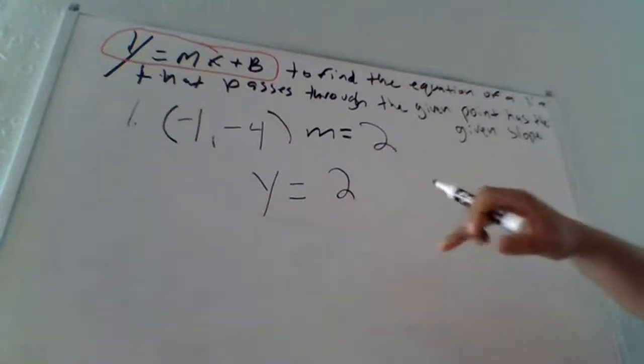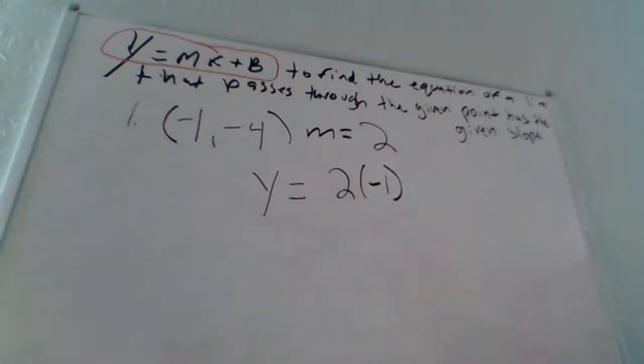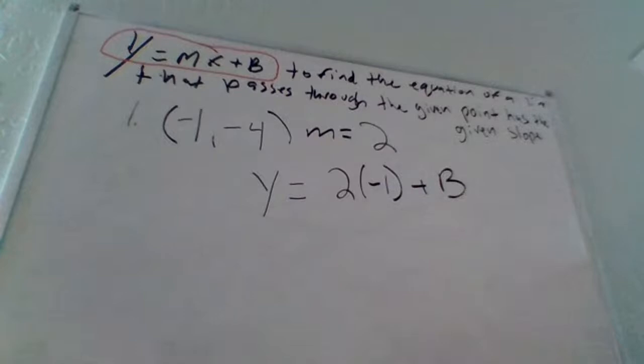So 2 times -1, plus b. So are you using example 1 or example 2? I believe I'm using the one that we just did, the one before that. So is it, I don't know, 2?